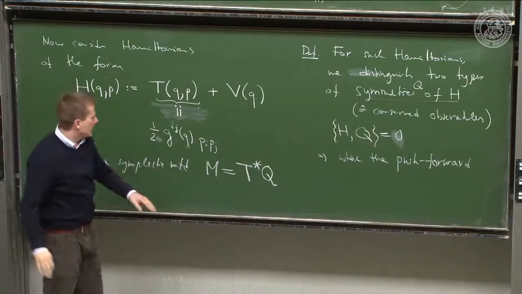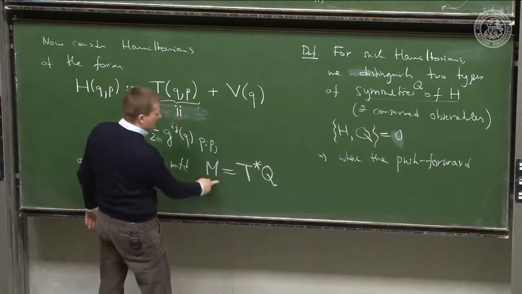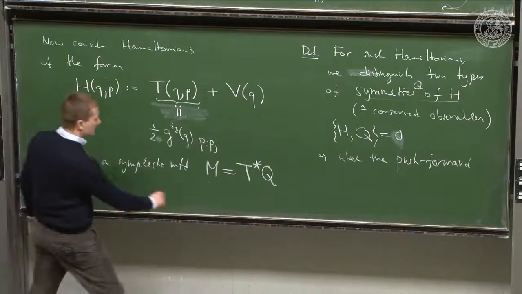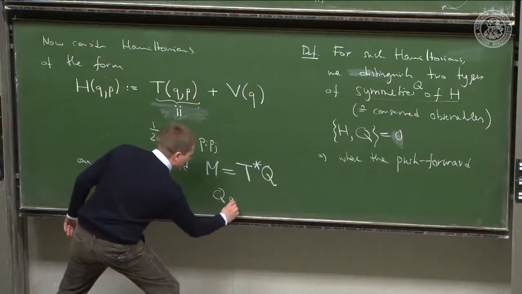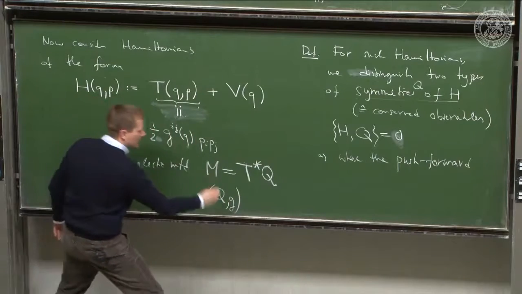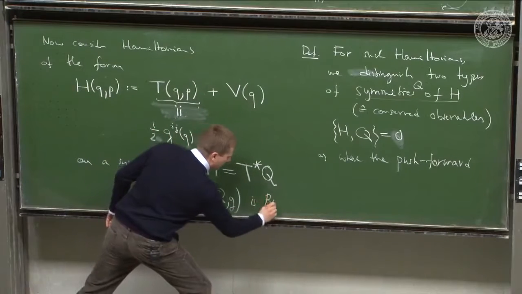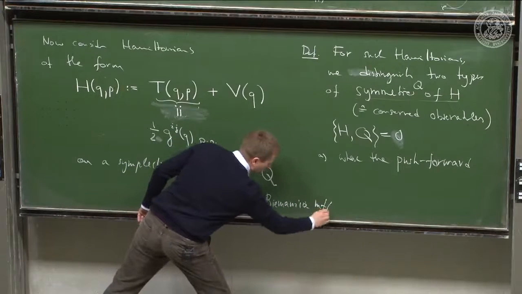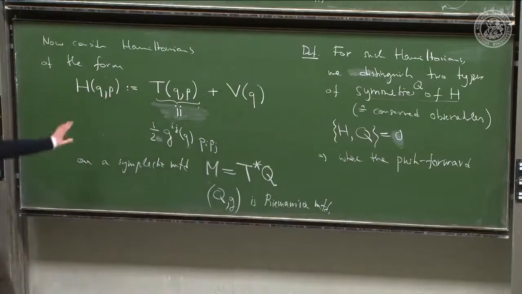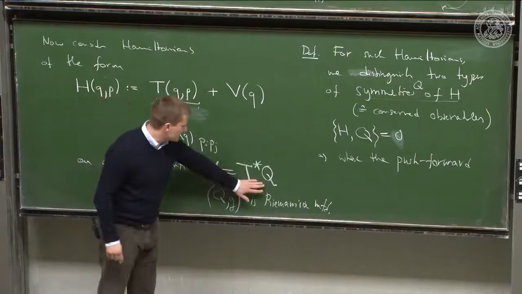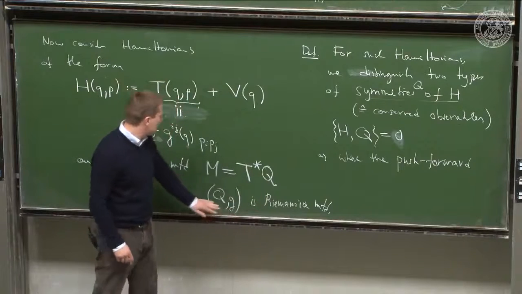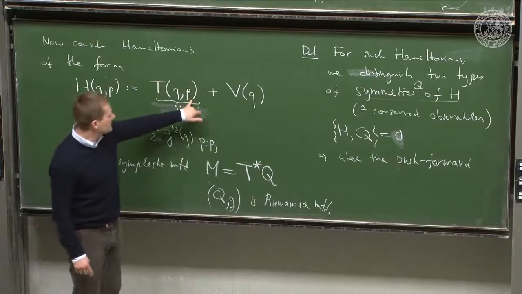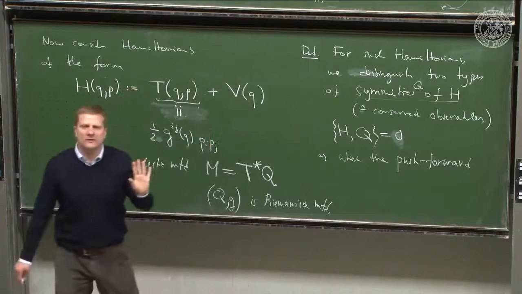But if M arises as the cotangent bundle of some Q, then I can require that Q with the G is a Riemannian manifold. That is really the setting I look at. The symplectic manifold is the cotangent bundle of a Riemannian manifold, and I use the inverse of the metric on that Riemannian manifold to build this, and now I know where all the objects come from.